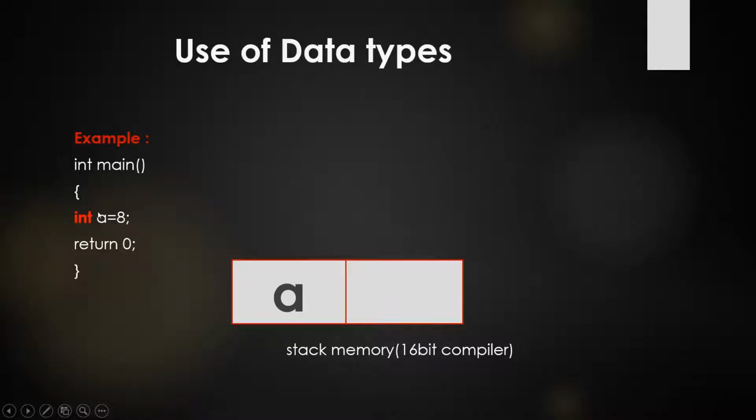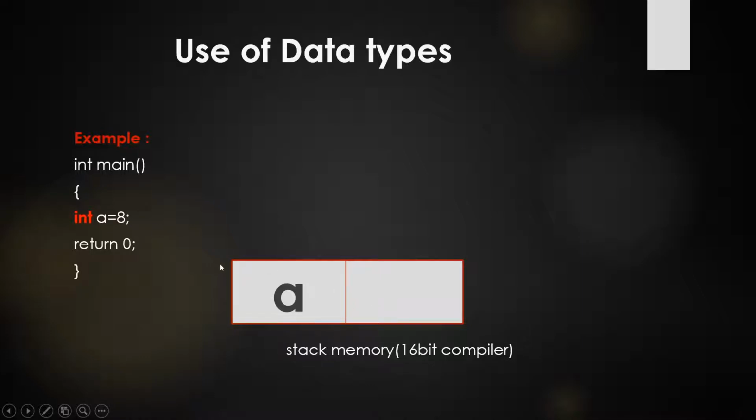The compiler will find the data type as int here. By seeing the int data type, in the stack it will allocate a memory of 2 bytes for a 16-bit compiler. For a 32-bit compiler, the int size will be 4 bytes. For a 16-bit compiler, it will be 2 bytes.